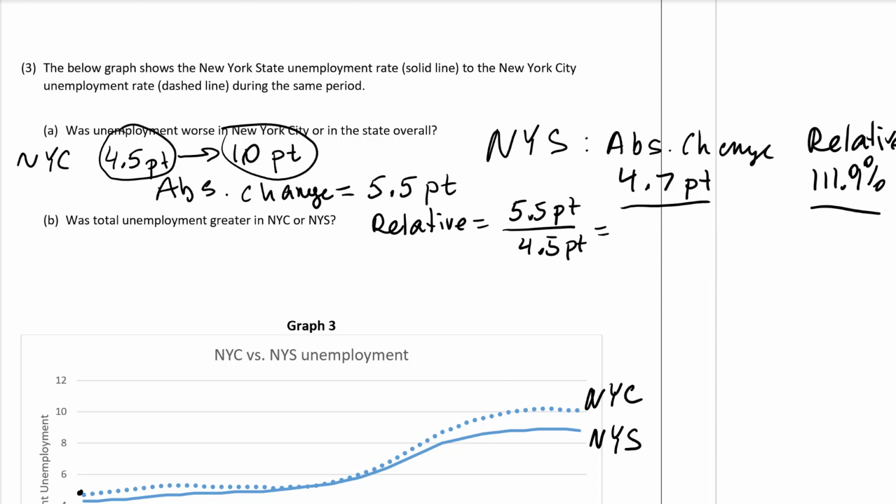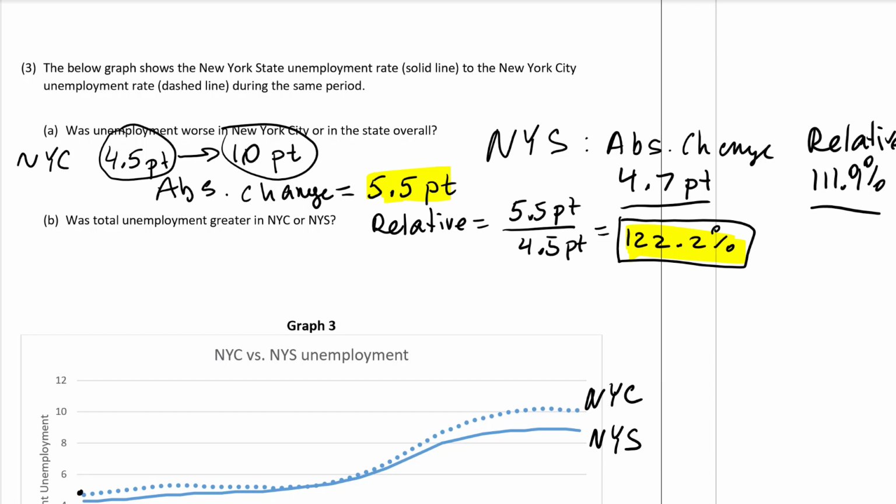So if we calculate that, we divide 5.5 over 4.5 and multiply it by 100, it gives us 122.2%. So as you can see, both the absolute change and the relative change in New York City was higher.